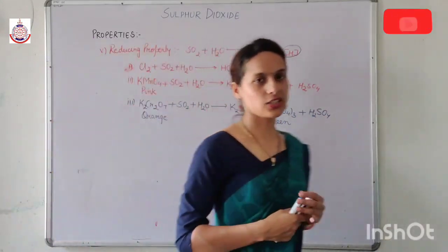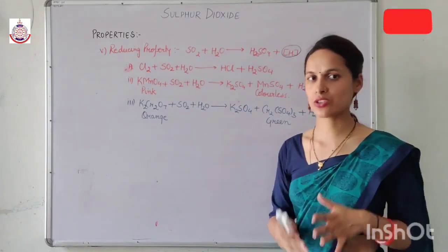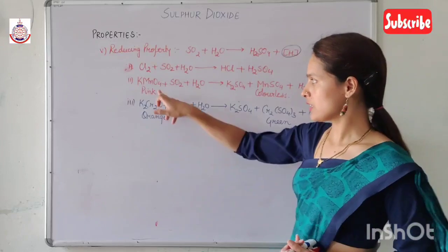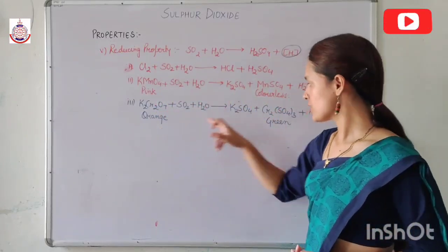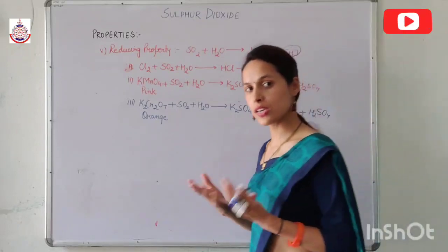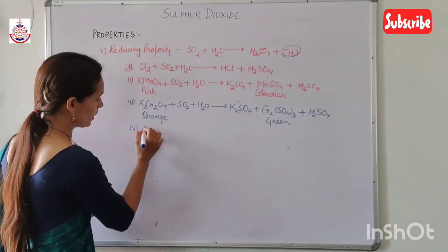So in these two reactions, due to the change in color, we get to know that a chemical reaction is taking place, because in one the pink color gets converted into colorless, and in the other the orange color gets converted into green color.